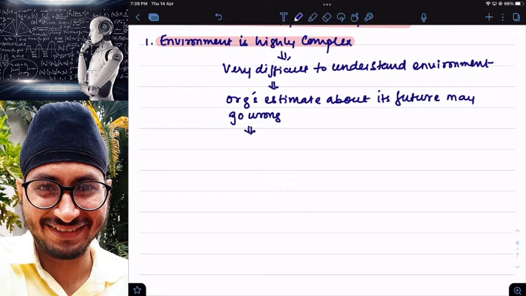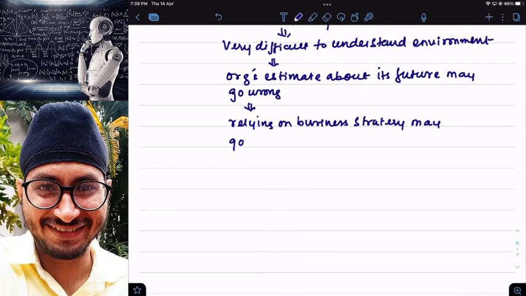That is why relying on a business strategy may go wrong if the environment is turbulent.